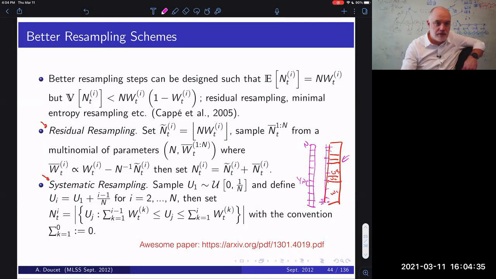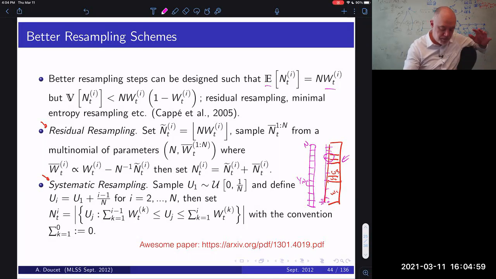Okay. This gives you a very different probability of choosing low probability samples that still has the required expected value in terms of the number of continuations as a function of the weights.